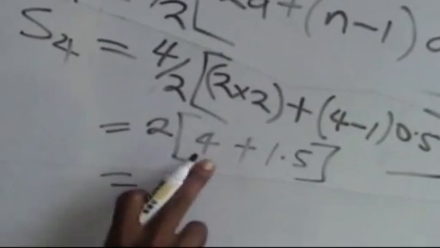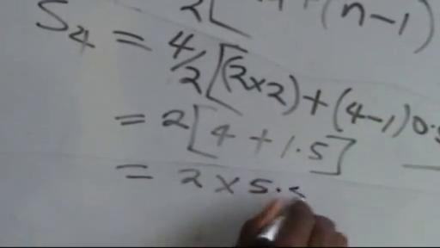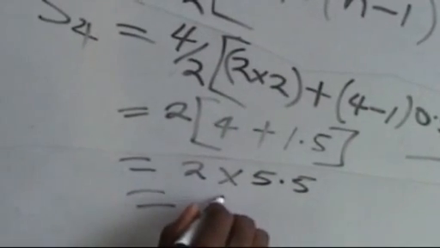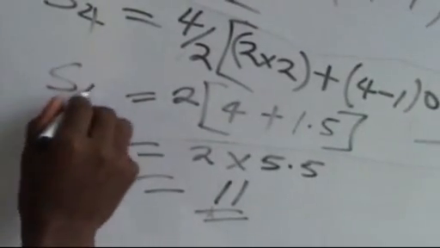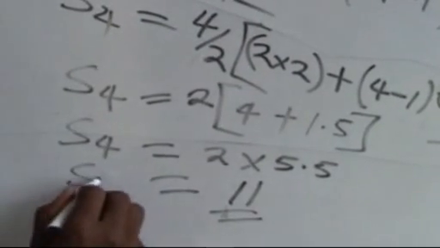So 4 plus 1.5 is 5.5. So we'll have 2 times 5.5, and that will give us 11. 2 times 5.5 is 11, and that is the answer to that question 1b that says we should find the sum of the first four terms in the AP.